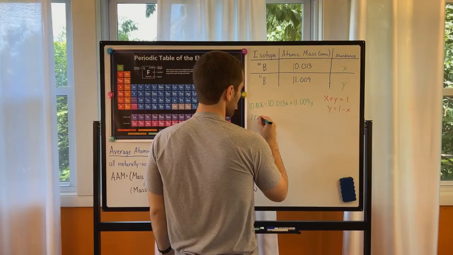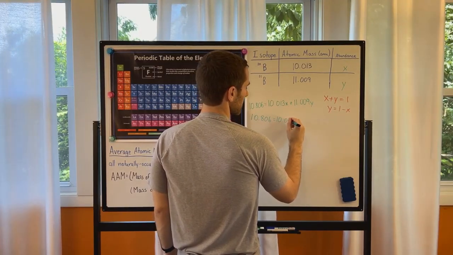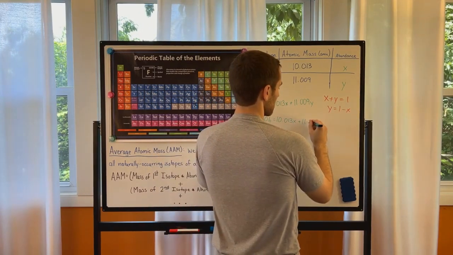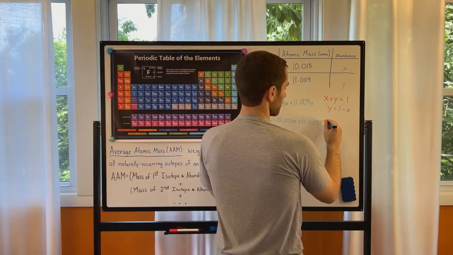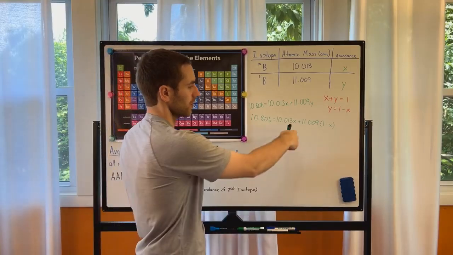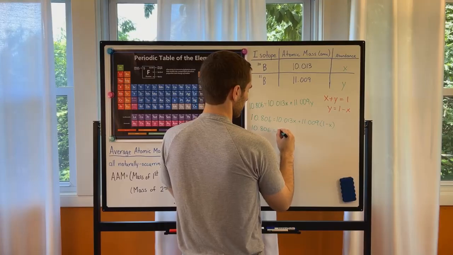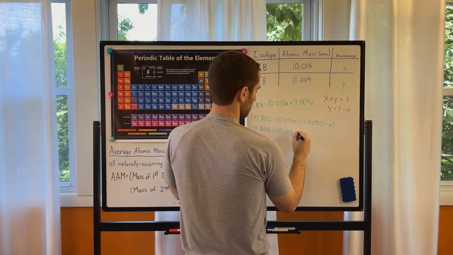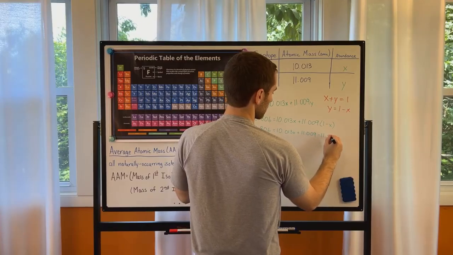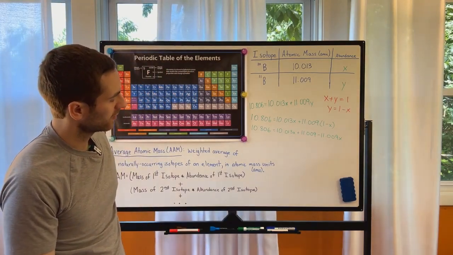So 10.806 equals 10.013x plus 11.009 times (1 minus x). And then we can distribute. Okay, so this is our equation now.